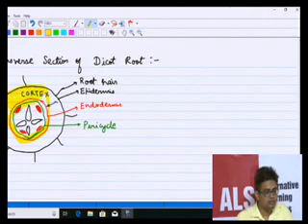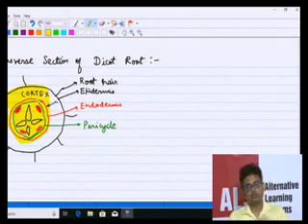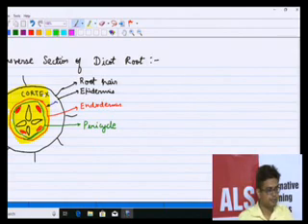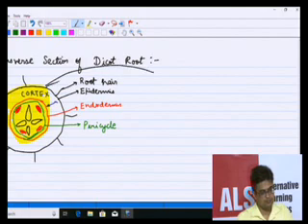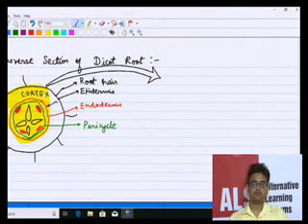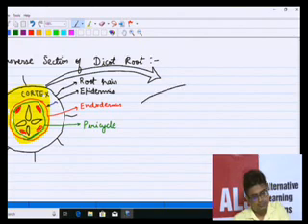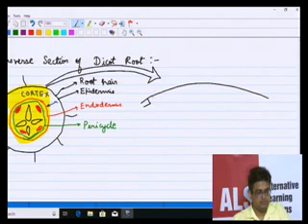This part I am going to show you on the left hand side. This part is going to be shown here. So now see the layers that are present. Epidermis, first of all.